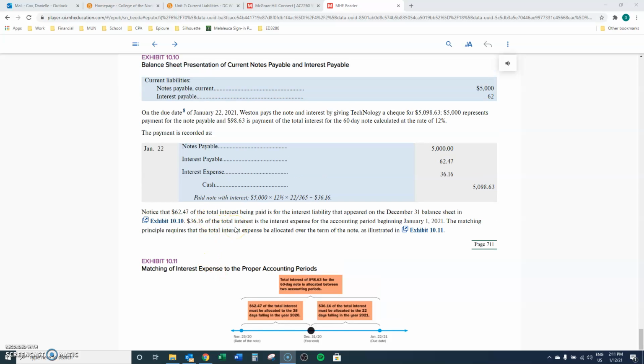They do note here somewhere. Here we go. The matching principle requires that the total interest expense be allocated over the term of the notes. That's why you recognize interest, like for example, each month, and not in one lump. Okay, so that's it for that particular section.